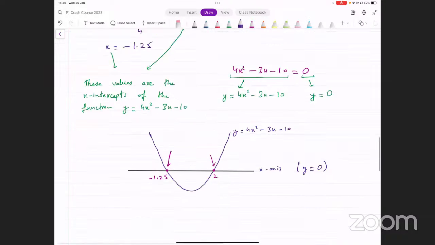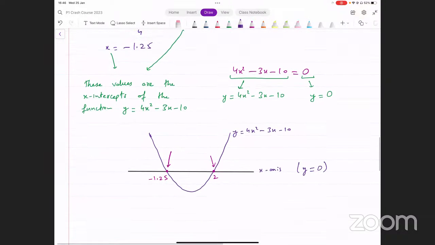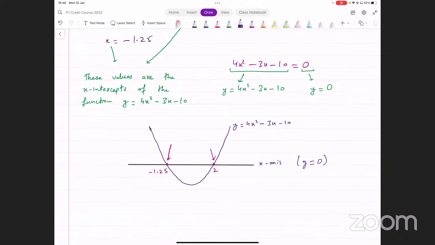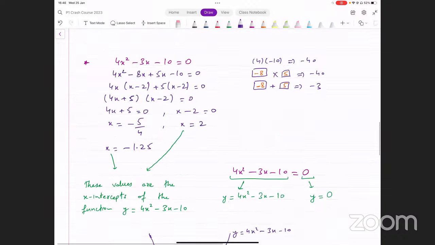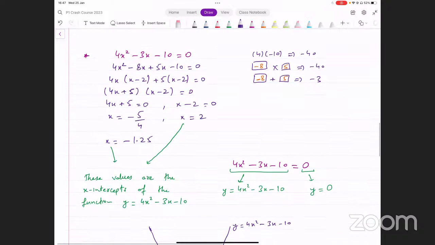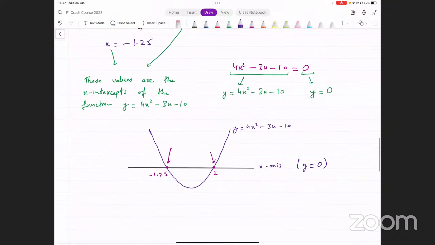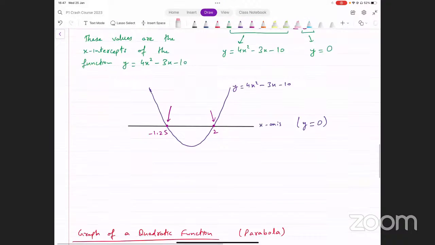And graphically, these values represent the x-intercepts of this function, the function that you've got on the left side of the equation, y equals 4x squared minus 3x minus 10. If you were to draw this function, the values of x that you're getting here represent the x-intercepts of the graph of this function. All right, that's what we did.